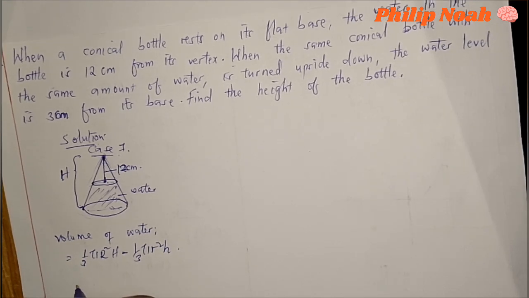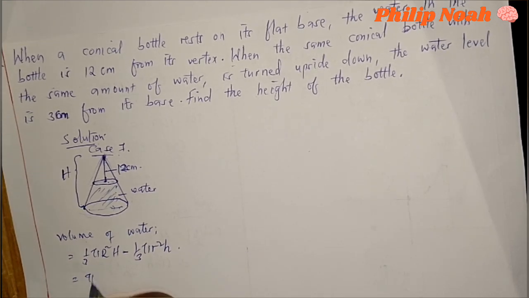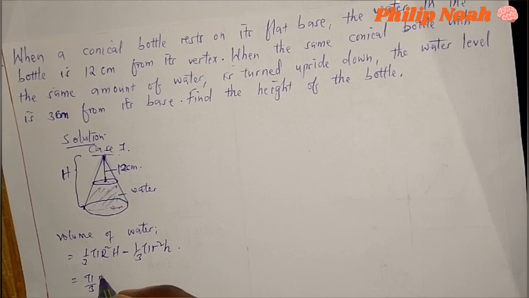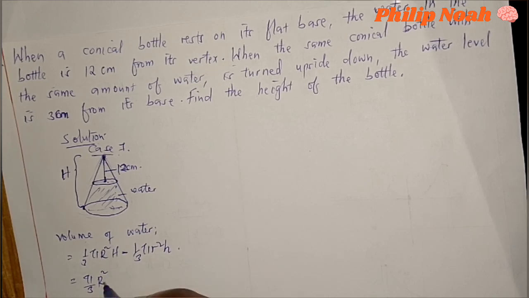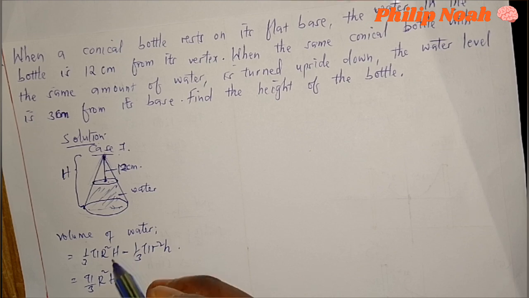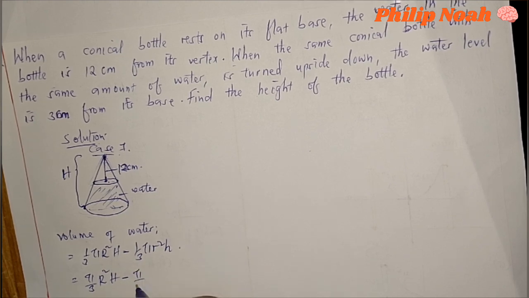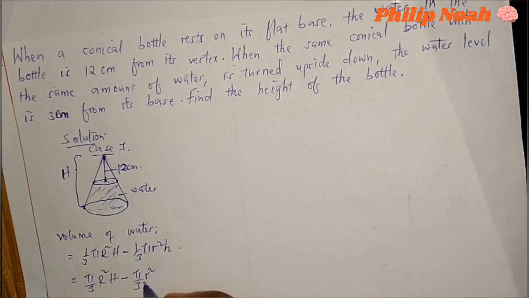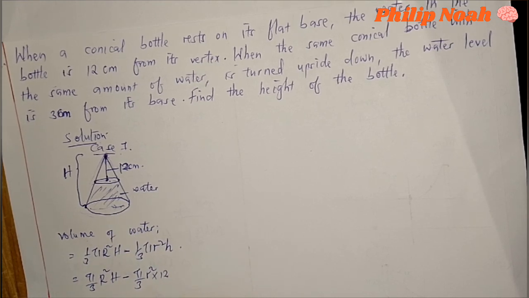This is the same as pi over 3 R squared H minus pi over 3 r squared, and our h is 12, times 12.